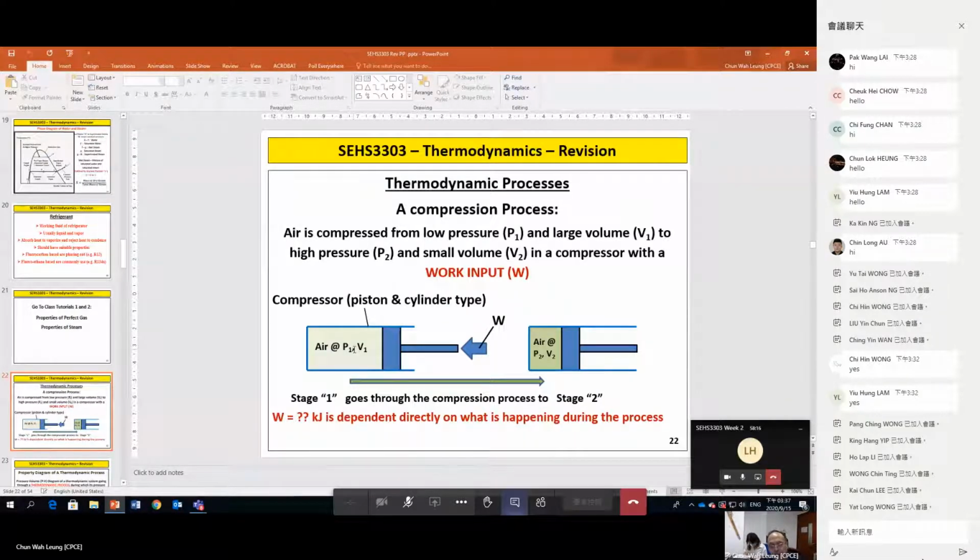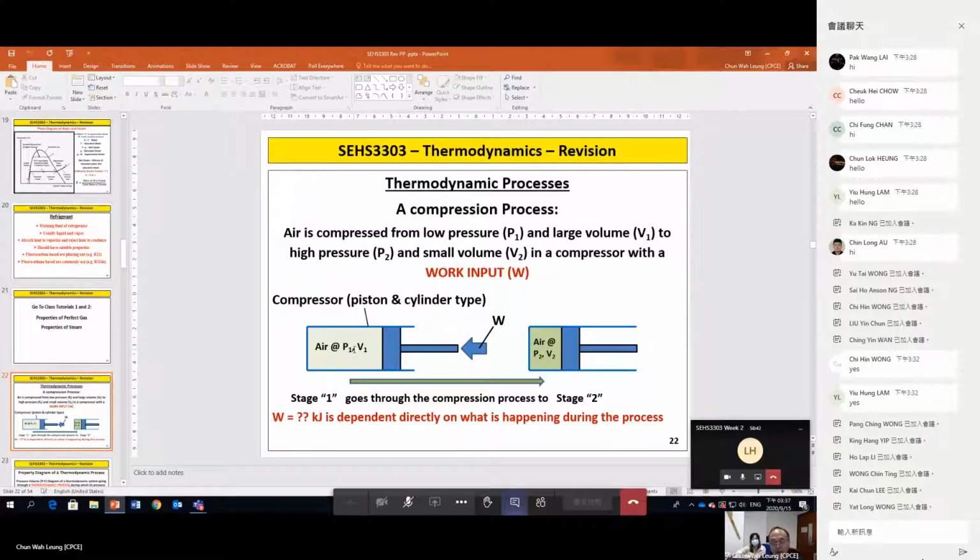Now, in front of you is a non-flow process, a non-flow system. We are assuming that the air will be kept inside the system throughout. Therefore, the working fluid will not be allowed to go out or to go in. This is a typical non-flow process.